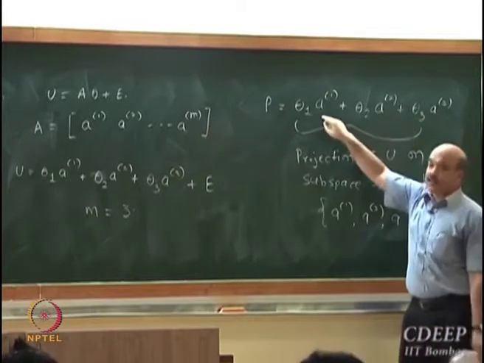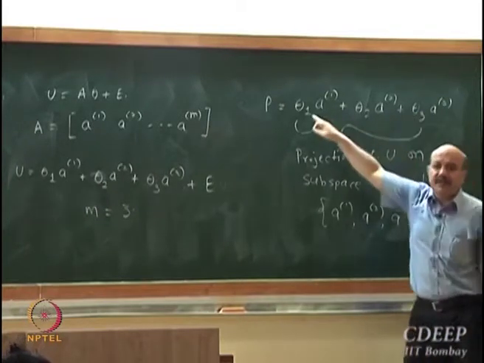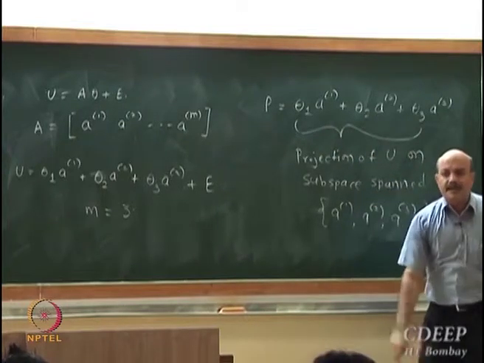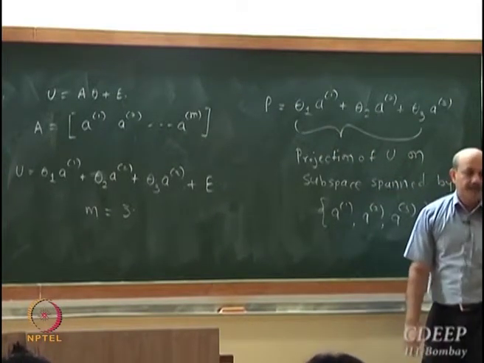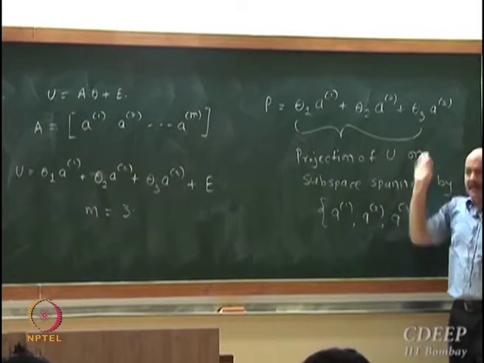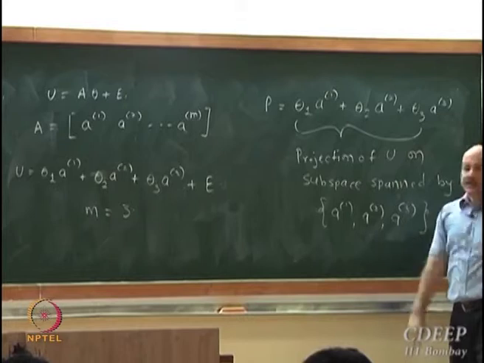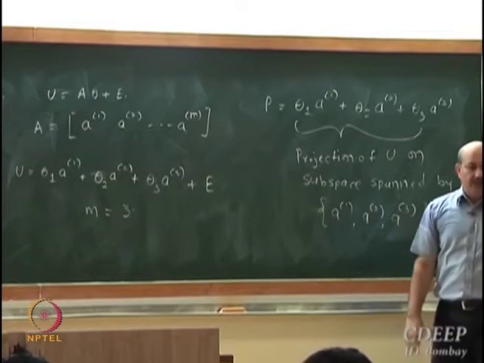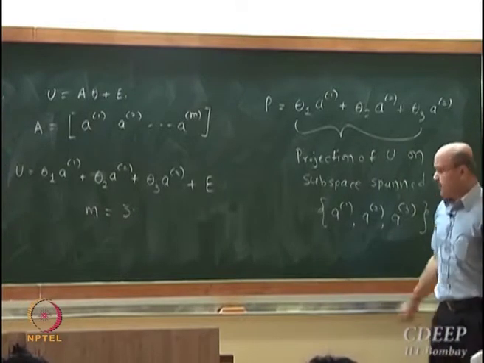See, it's a linear combination of A1, A2, A3. So this P vector has to lie in the subspace spanned by A1, A2, A3, right? So this is a projection. I am going to call this the projection of U onto the subspace spanned by A1, A2, A3.